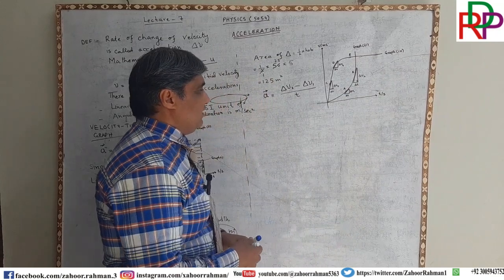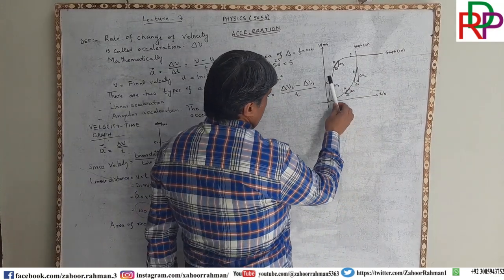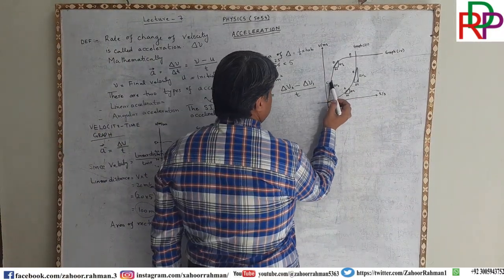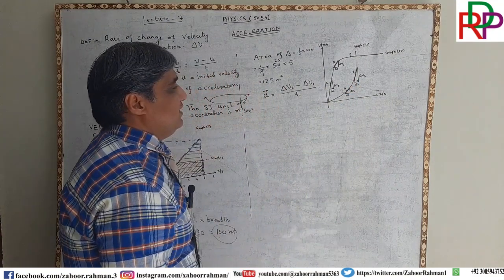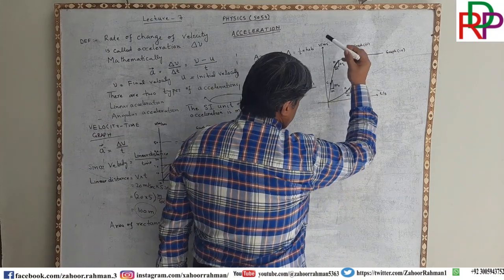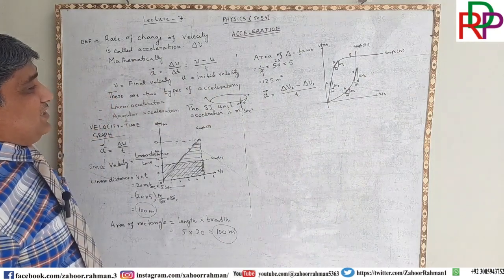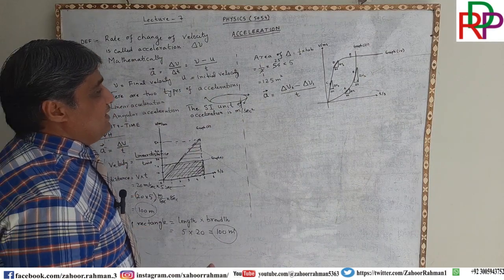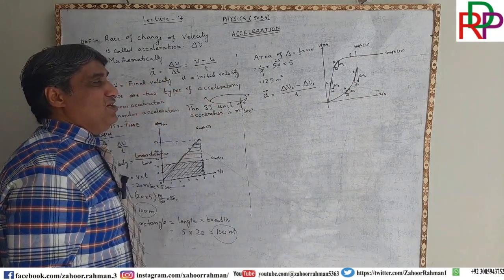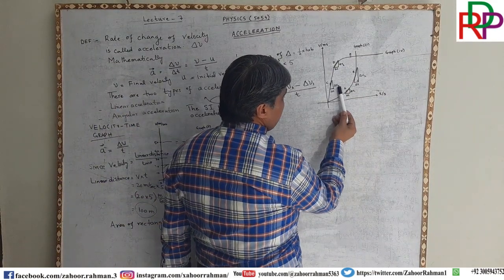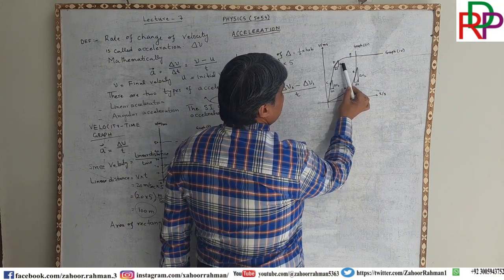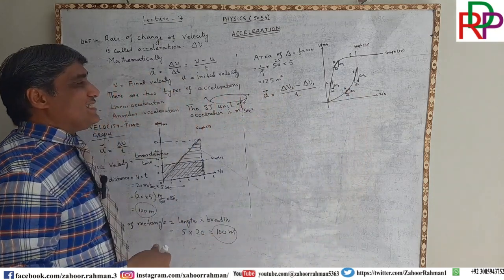It is written, for equal interval of time, if we consider point C and point D, you can see that at point C, because it is steeper and it is in the positive direction, moving in one direction, this triangle is larger than this triangle. So it means here the change in velocity delta v3 was greater, and at point D the delta v4 is smaller.